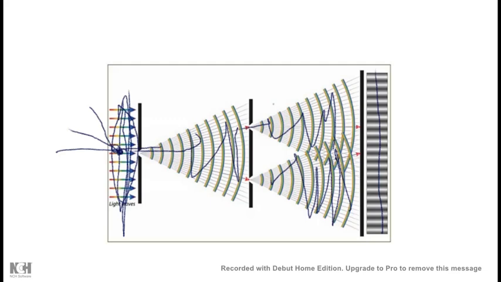So each one is independently setting up its own wave system. So this is a map of a single atom through here, and it will make a single atom response here, single atom to single atom. That's it, as simple as that.